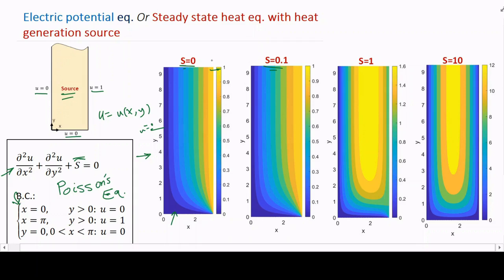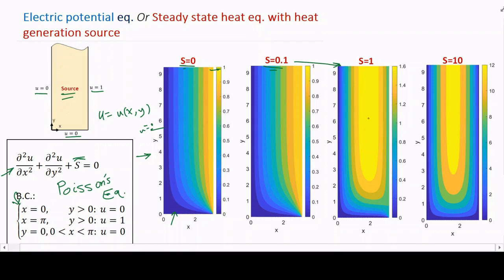If you increase the source term even further, for example to 1, then you can see that a significant change takes place inside the material. The temperature distribution now is quite different, and particularly you can see that the maximum temperature inside your material can exceed the temperature that you impose on the boundaries.